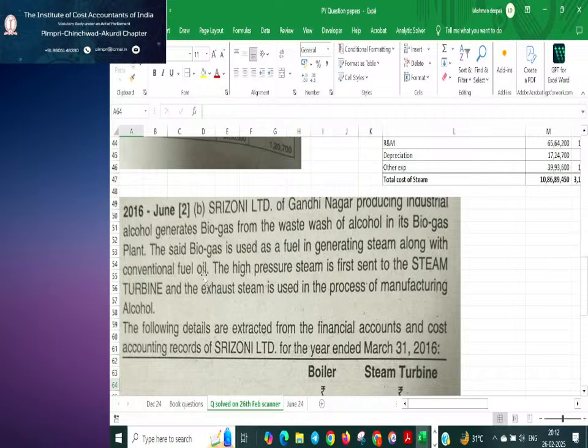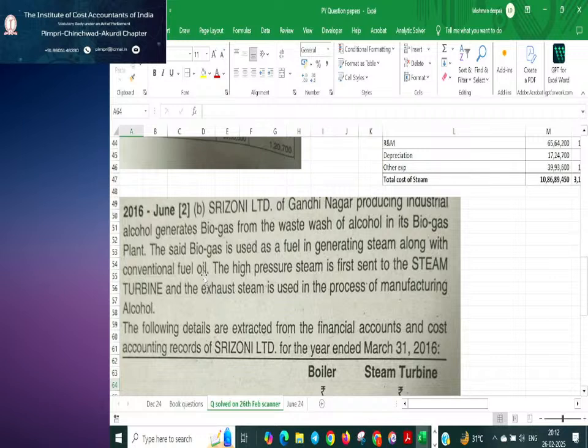It is an industrial alcohol factory which is generating biogas, and this biogas is used for producing steam. So biogas is a byproduct which is captively consumed. You are not selling it outside.